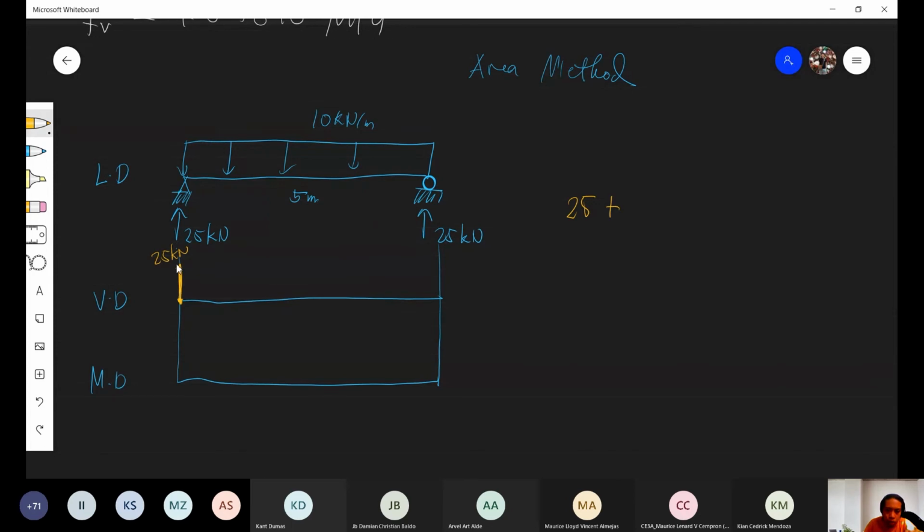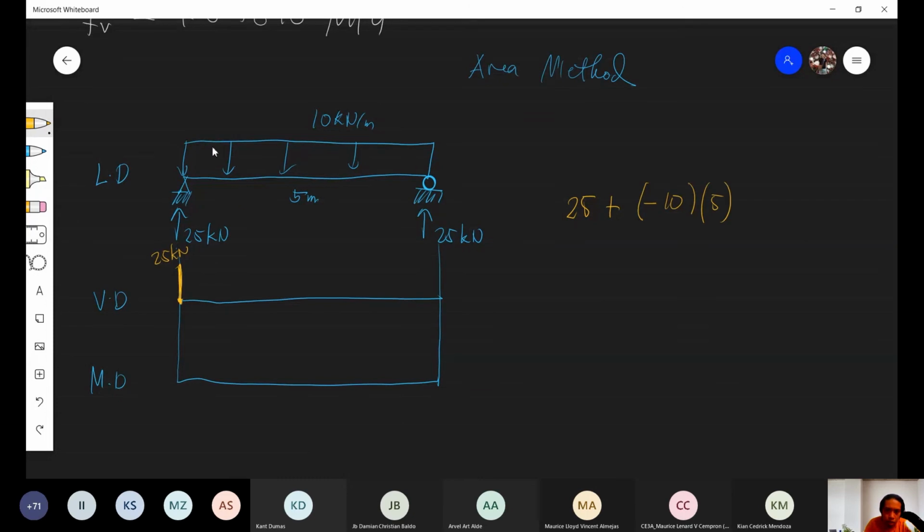But since the direction of the load is downward, that's negative. So plus negative 10 multiplied by 5.